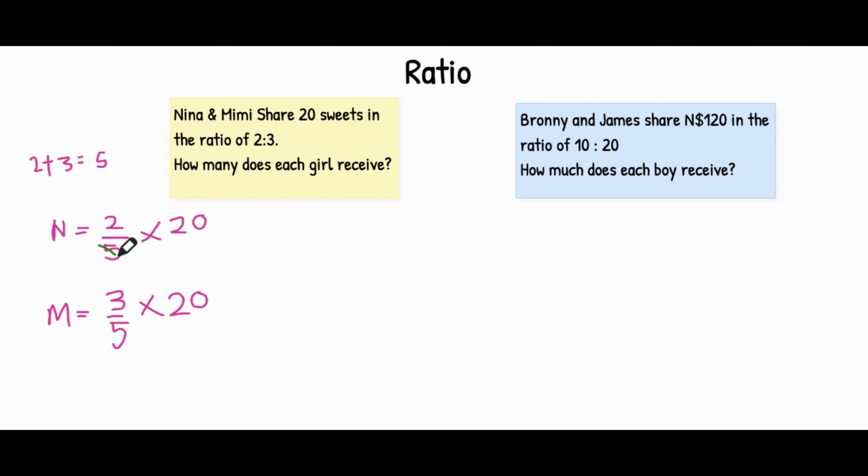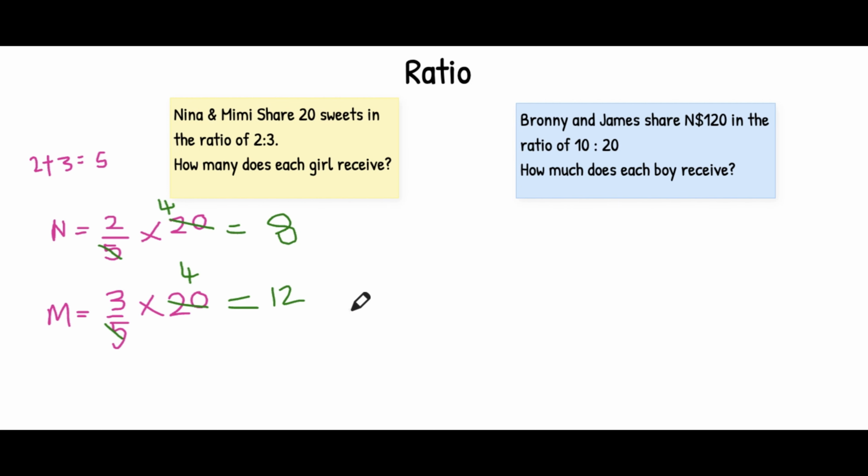If you remember when we dealt with fractions, what we do is we say how many times does 5 go into 20, and we know that 5 goes into 20 4 times. 4 times 2 equals 8. Then we do the same with Mimi. 5 goes into 20 4 times. 4 times 3 equals 12.